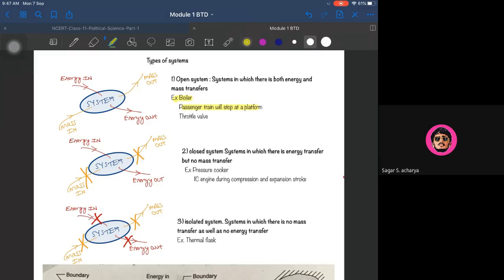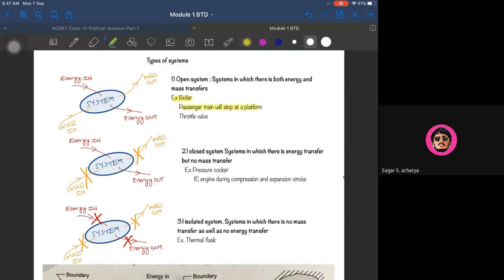See, this example of a passenger in a train is not really a thermodynamic system. It is a general example, and you cannot relate a general example with thermodynamic study. That's why, since they have given it in the question paper, you can understand it this way. If there is a mass interaction, and it is true in the thermodynamic sense also, there would definitely be an energy interaction.